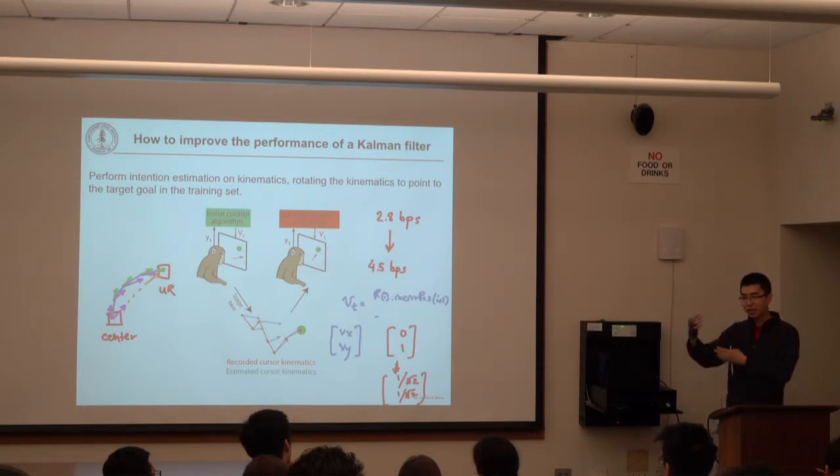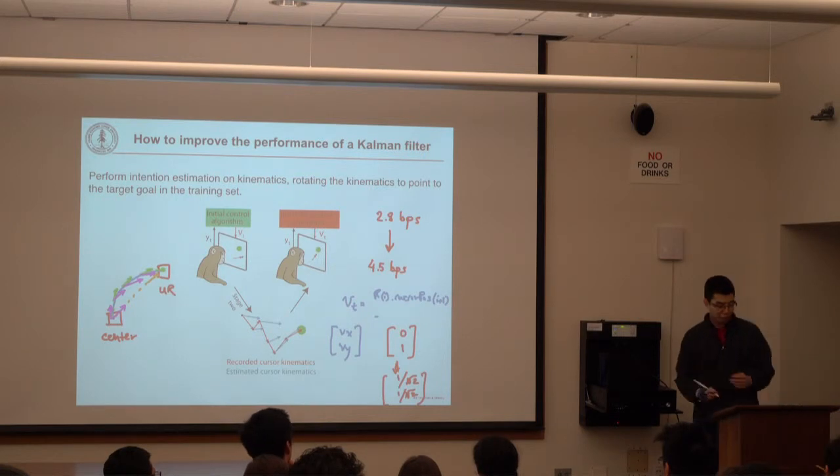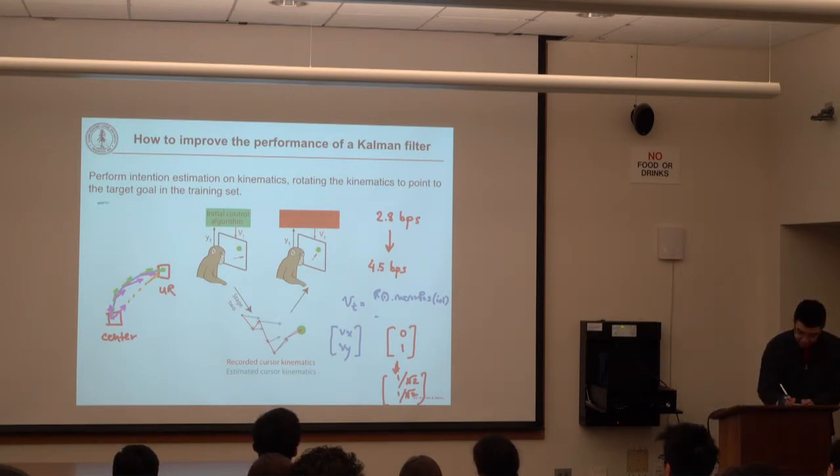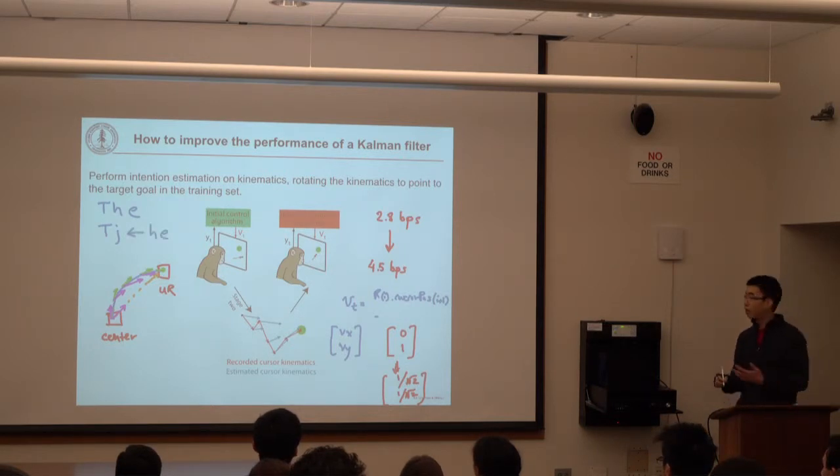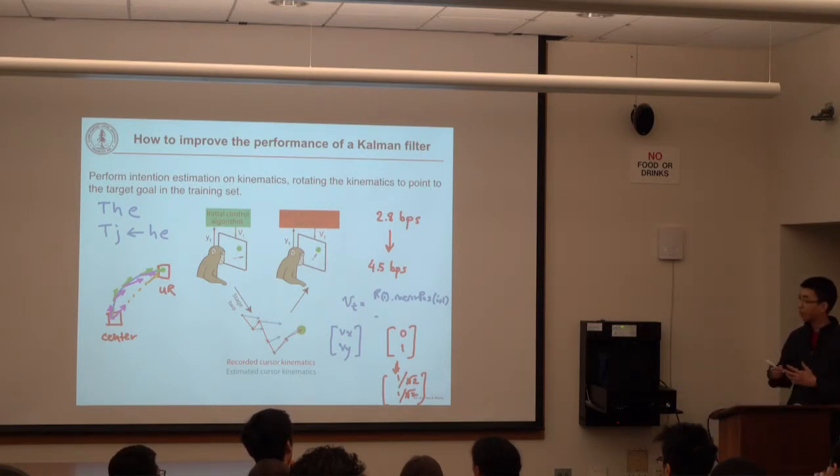So what we can do is we can post hoc look at the data, and let's say that they were trying to type out T, H, and E, the word the. But instead they typed out T, J, backspace, H, and then E. And so we know that ultimately when the participant was trying to control this computer cursor to type, she probably didn't mean to type the letter J because she then hit backspace.